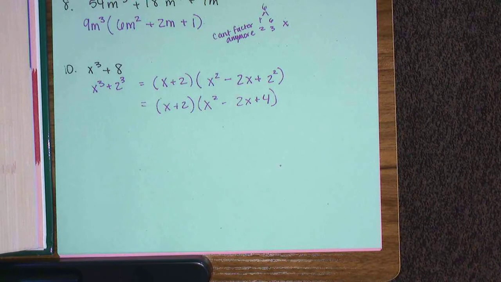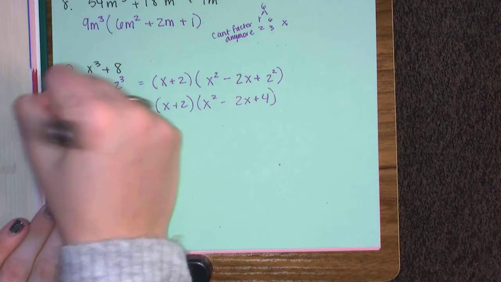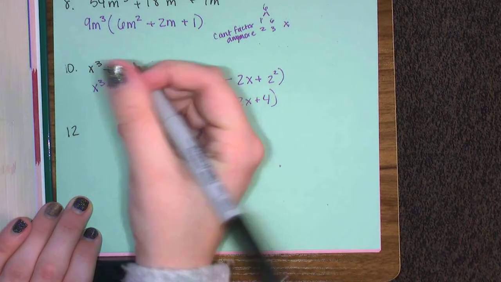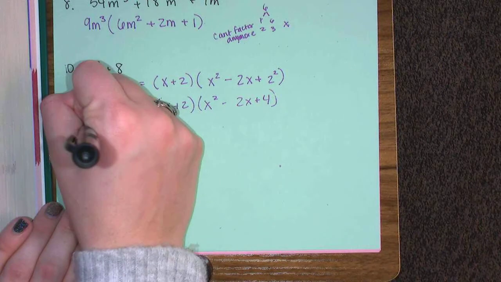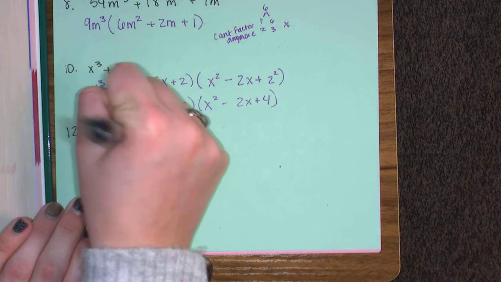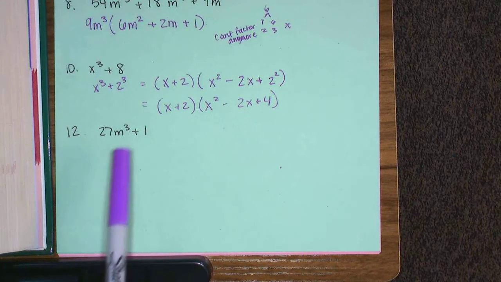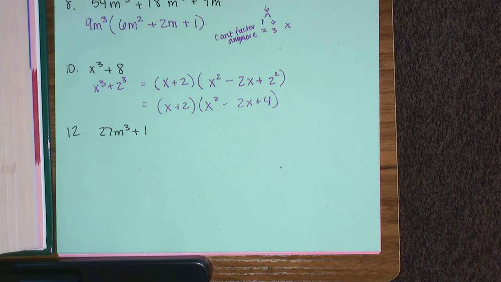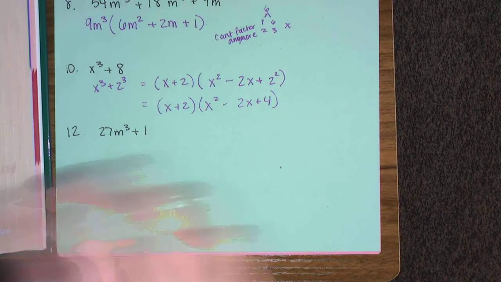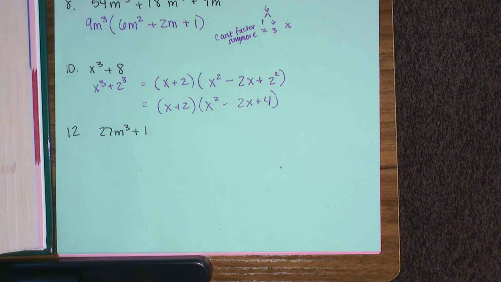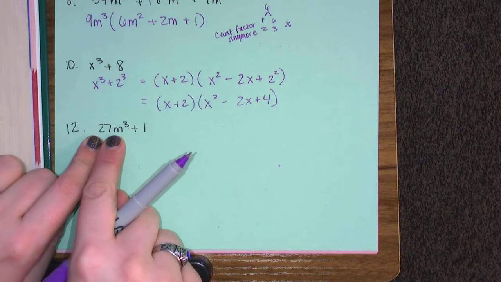So, 12. 27m cubed plus 1. I need to rewrite this stuff in this form so that I make sure I write everything correctly over here. So, what is this?